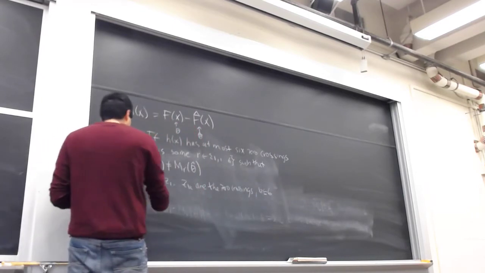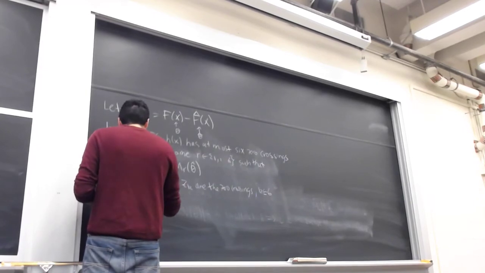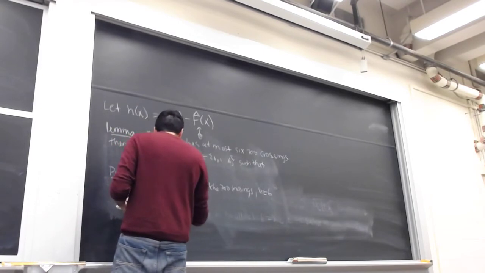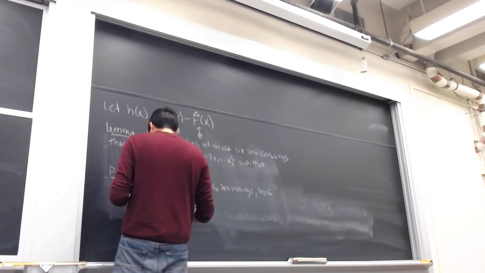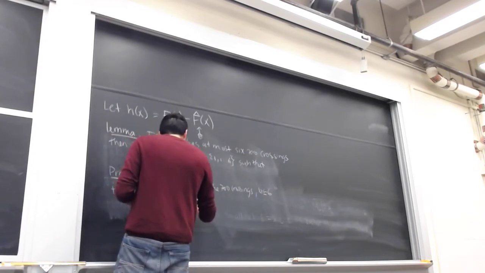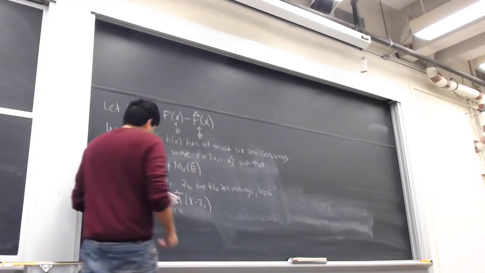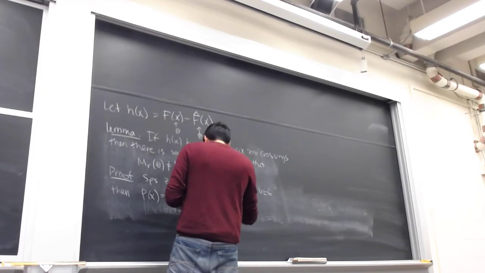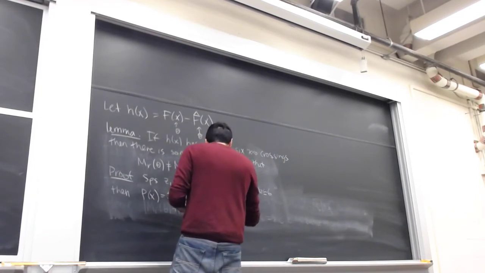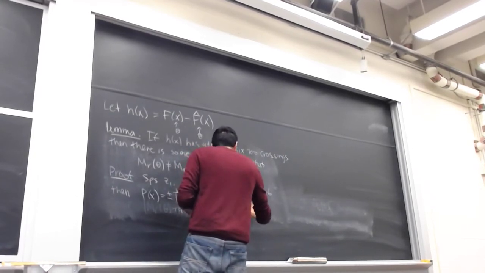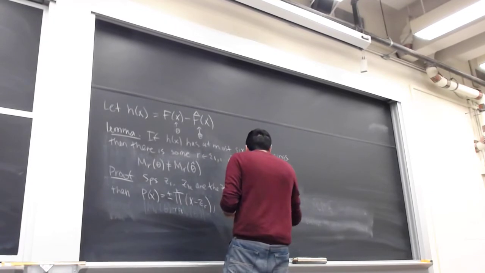Then what we can do is we can explicitly write out a polynomial, p of x, which we're going to choose the sign of appropriately, in such a way that it agrees with the sign of h.